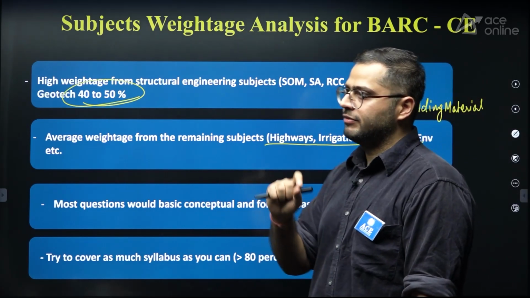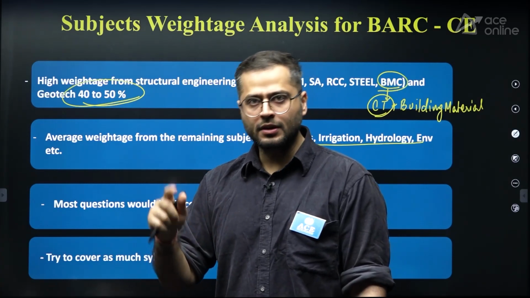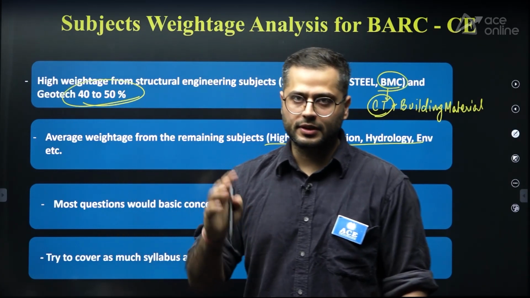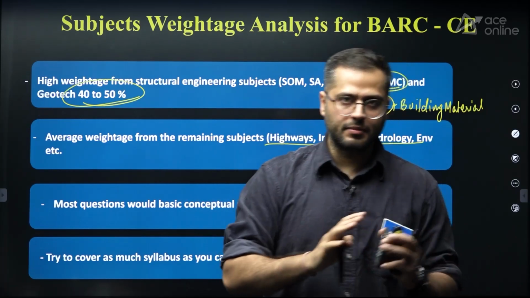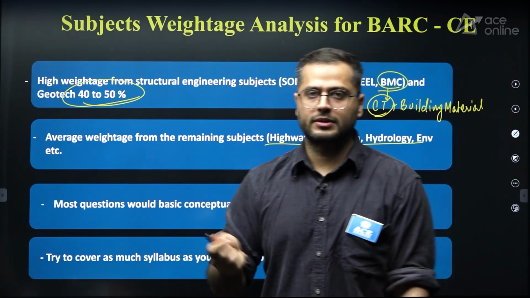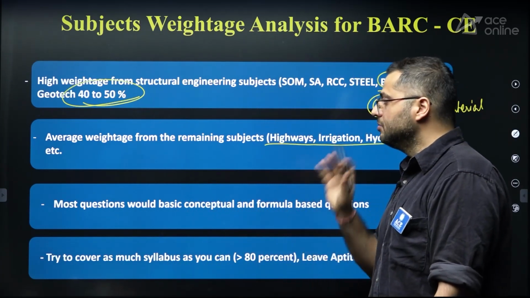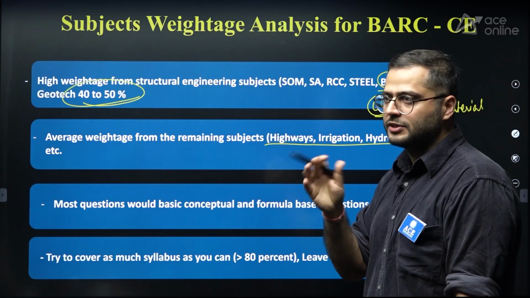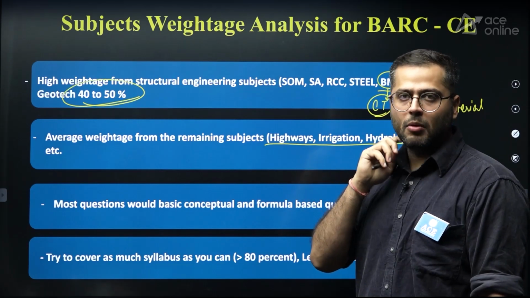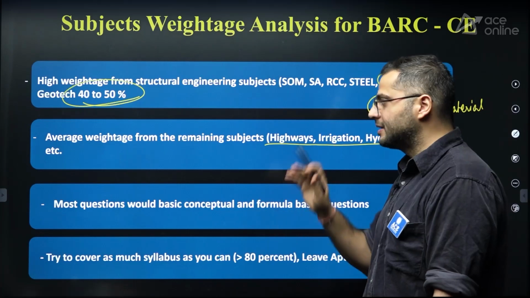Your final selection in BARC is based on the interview which they will be conducting. So this examination, or the GATE exam, is considered a shortlisting process for the interview. Their final selection will be on the interview, right? So your subject preparation becomes very important with respect to the interview aspect as well.